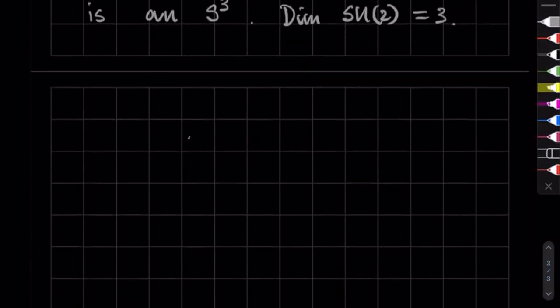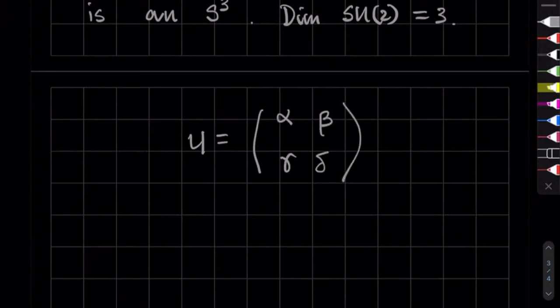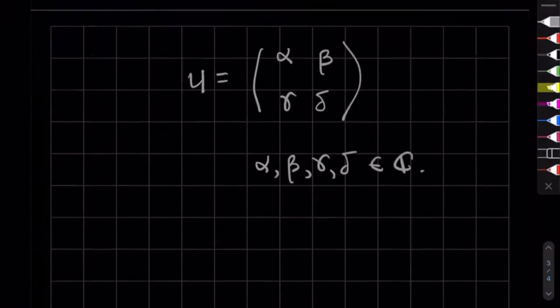So let's write U in terms of alpha, beta, gamma, delta, where these are all complex numbers.